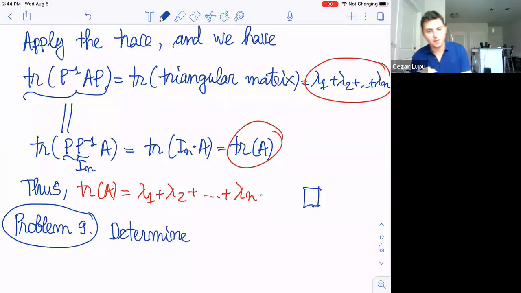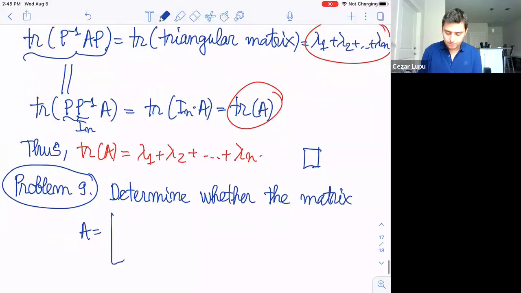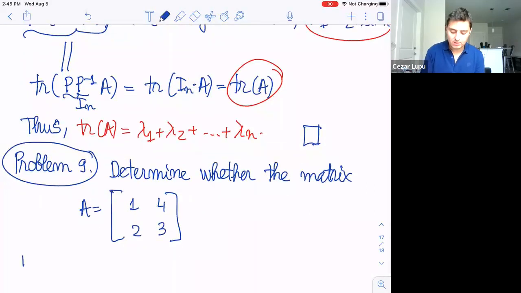Let's not complicate ourselves too much for the moment. Determine whether the matrix A, which is, let's take a 2 by 2, 1, 4, 2, 3, let's say, is diagonalizable.